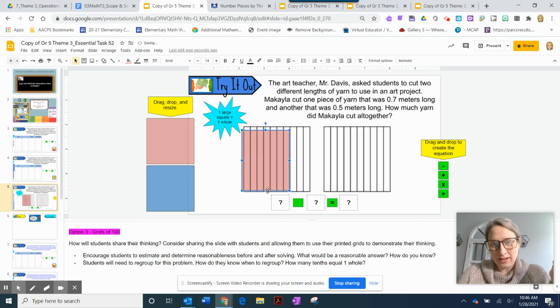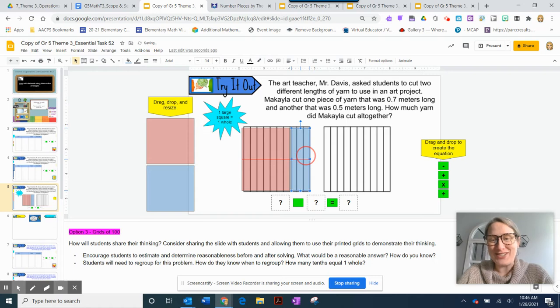Oops, sorry. And then I could show 5/10 added onto that. And what's cool about doing it this way is I could decompose my 5/10 and I can really show you how I could make one whole.